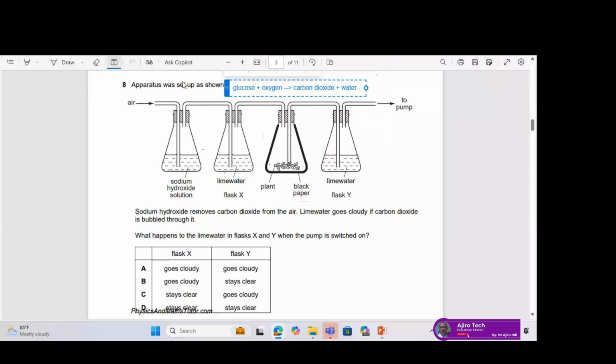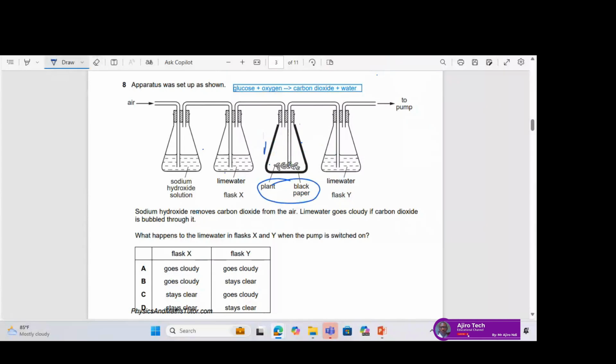Now, what I'm asking is, since this plant is carrying out respiration only, what waste gas is produced by this plant in this setup?